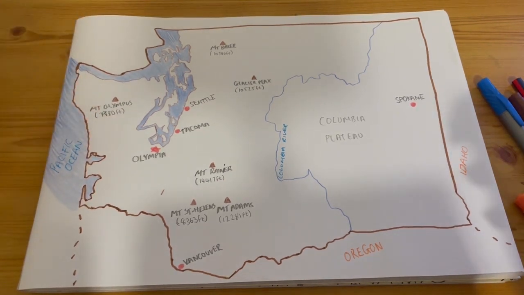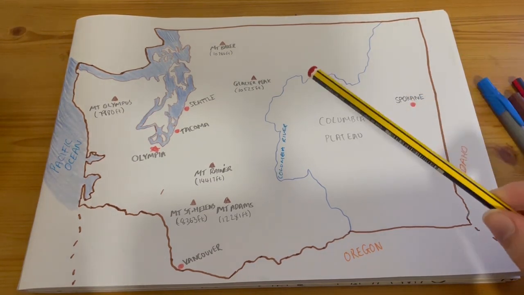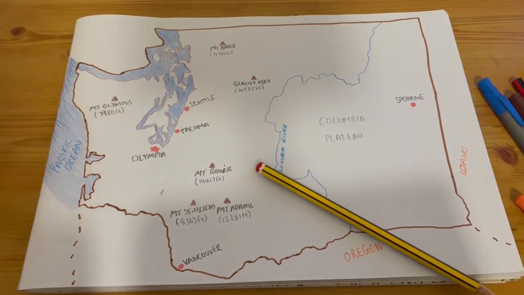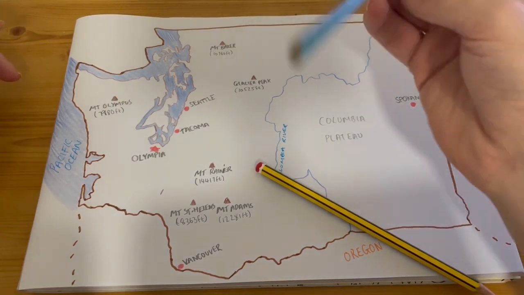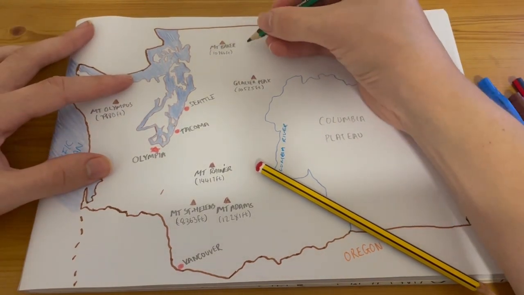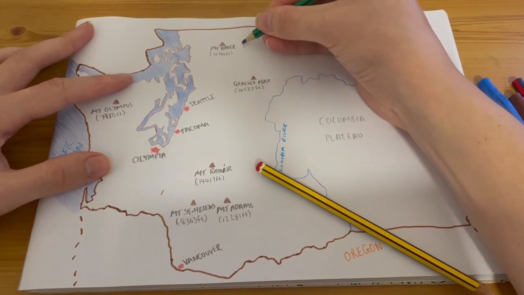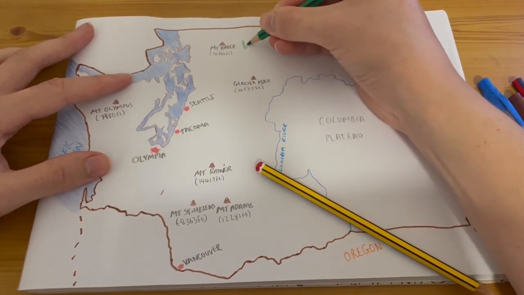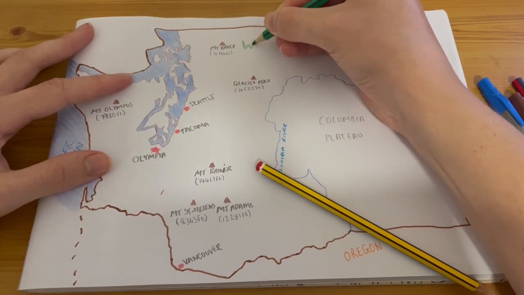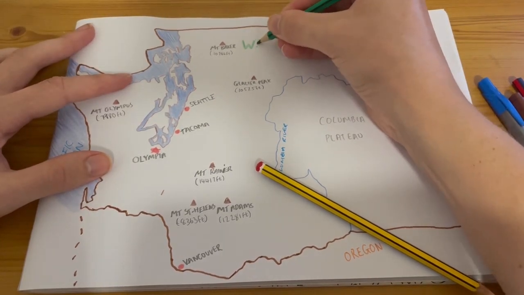Where are we going to write Washington? And what colour are we going to write Washington in? I think we should do it in green. I have no idea why. Roll with it. So just while we're doing this, I believe Washington is, or was rather, the 42nd state in the US.